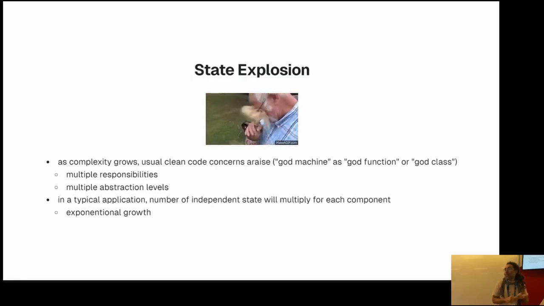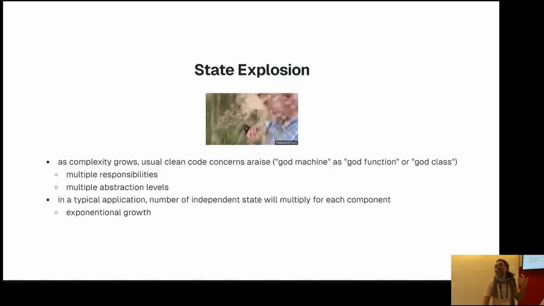If you think of the amount of independent state of a complex application, it gets basically impossible to handle. So as usual, we need a way to have simple state machines that are combined.